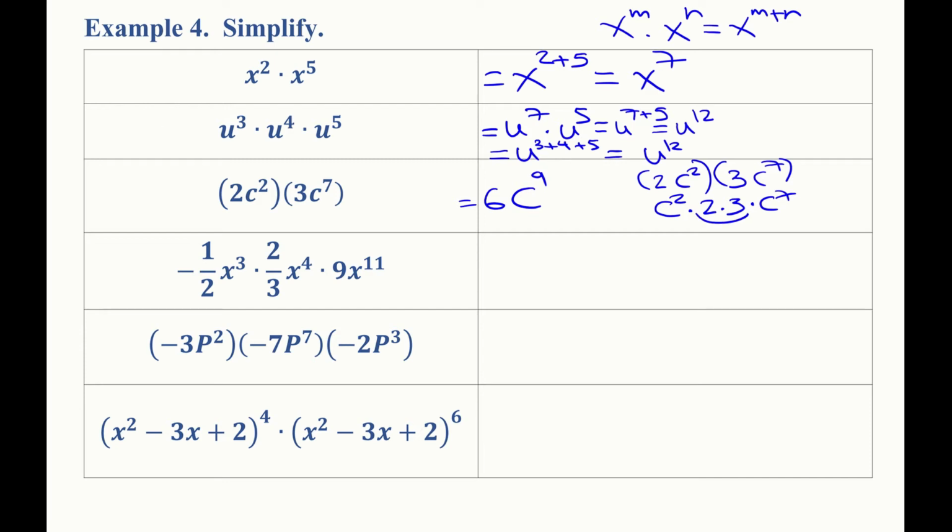Then we multiply those and we get c squared times 6 times c to the 7. And then we can switch the order of c squared and 6 again. So we get 6c to the 9.